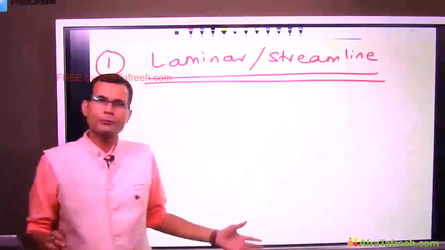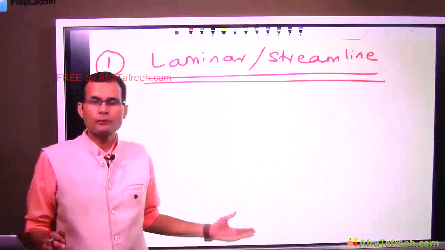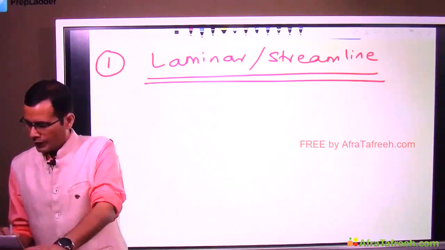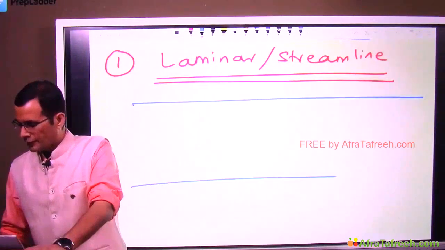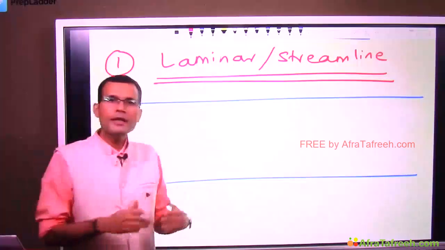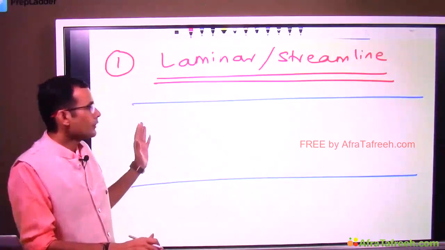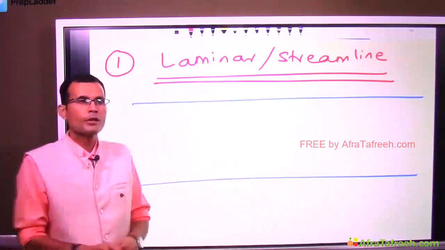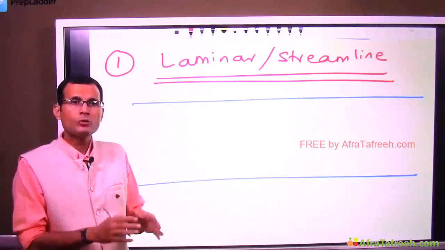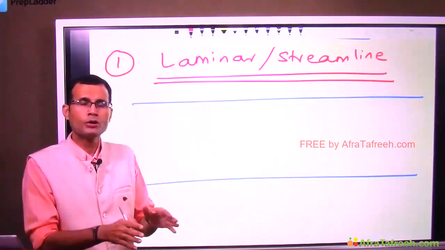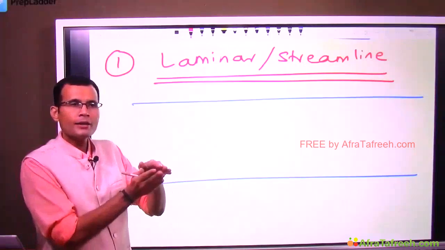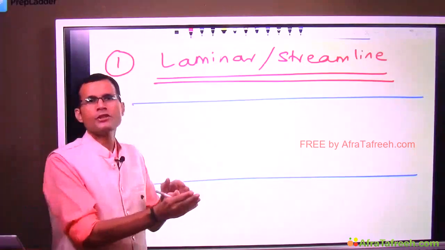How does it flow? I mean, what type of blood flow is it? If this is a blood vessel, the laminae of blood are flowing, and the laminae don't all have the same velocity. The laminae slip past each other.